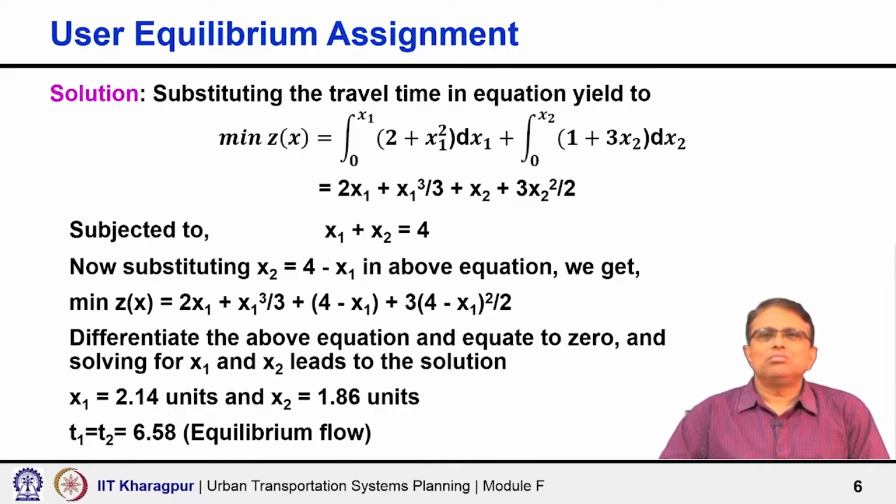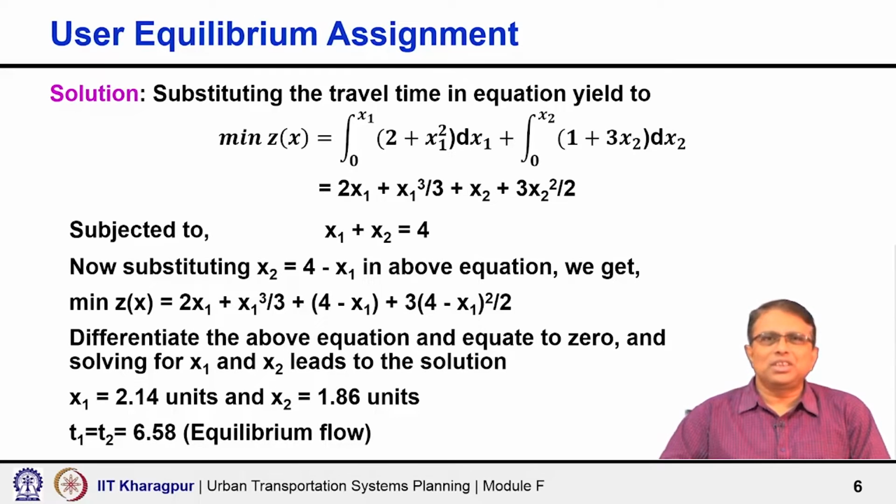Now, I know x1 plus x2 has to be 4. So, I can replace x2 by 4 minus x1, and then I have only one variable, x, and in this case it is easy.